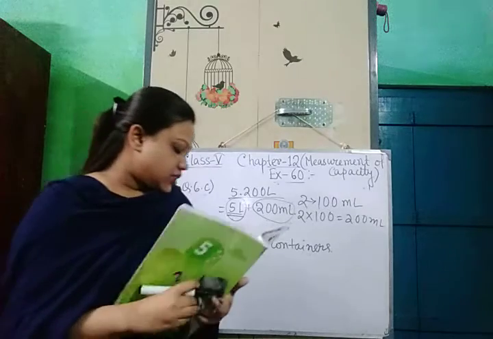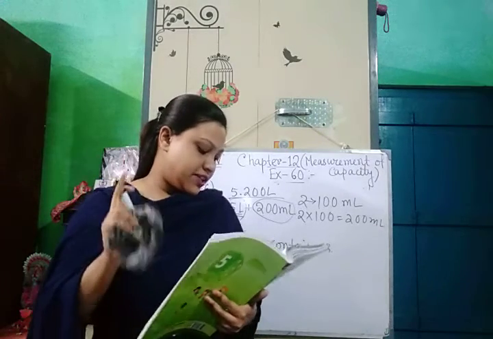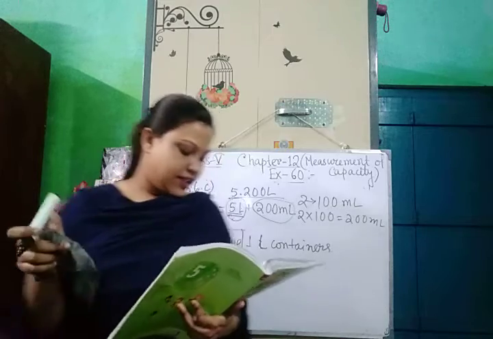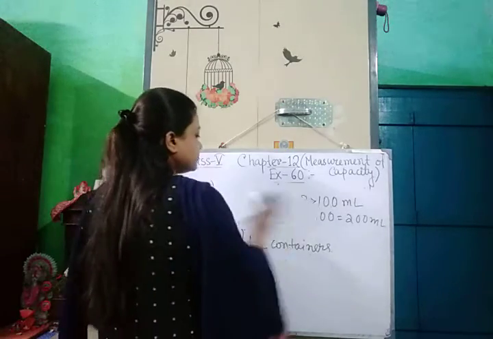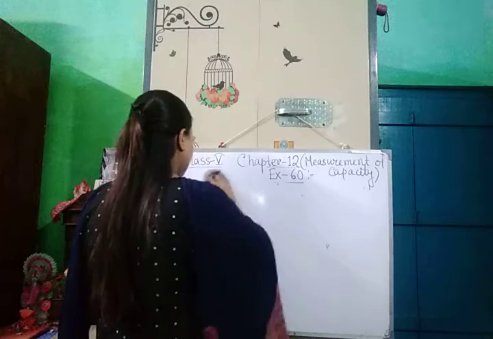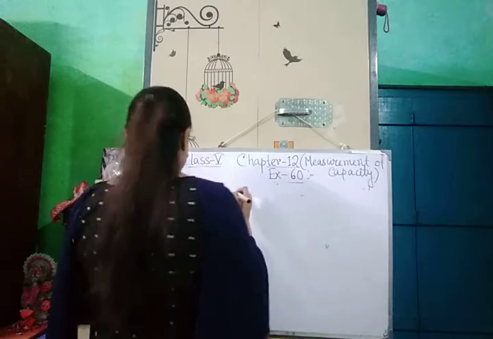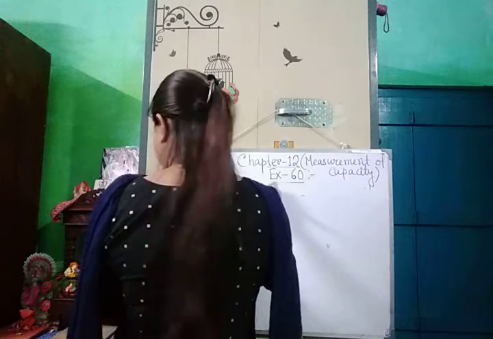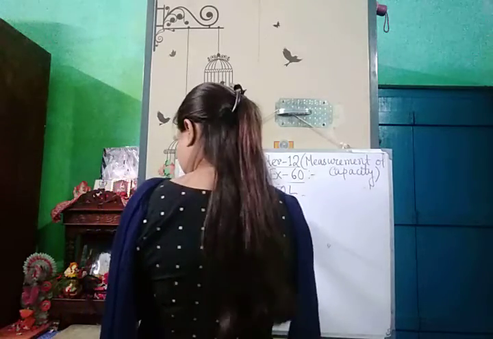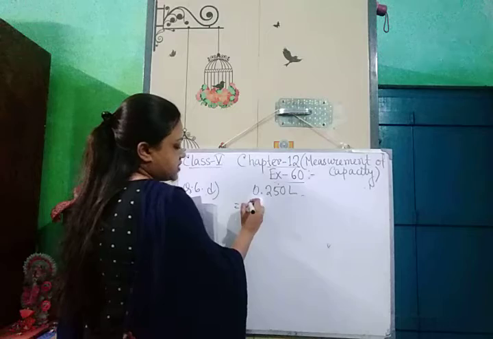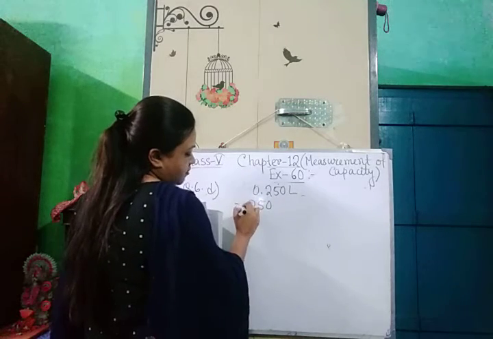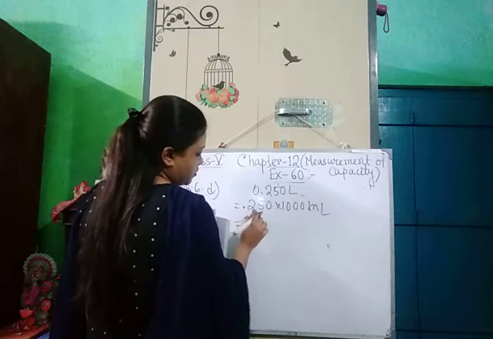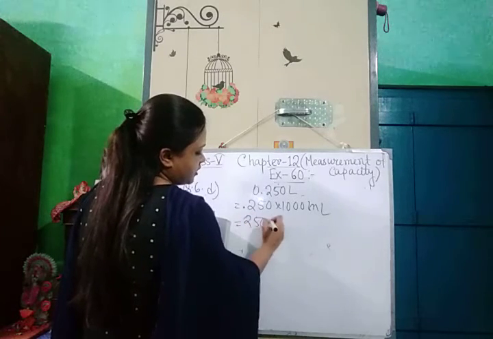Done. Now the last one is 0.250 liter petrol can be measured by using dash 100 ml and dash 50 ml container. 0.250 liter means you can convert it to milliliter. It will be 0.250 into 1000 ml, so it will be 250 ml.